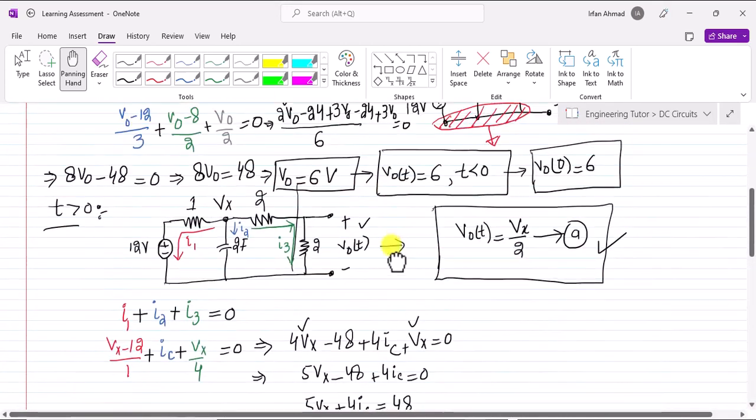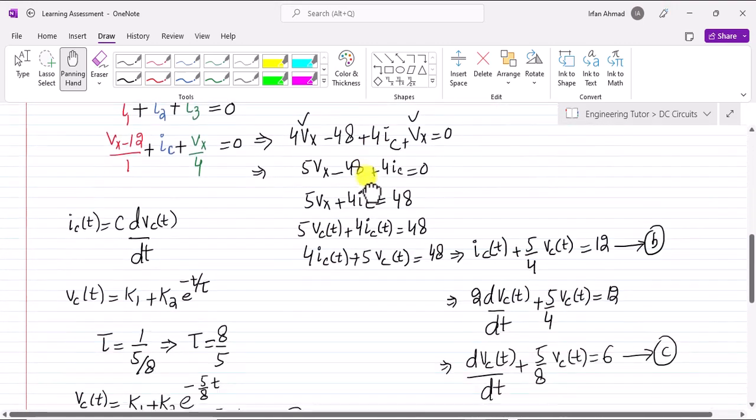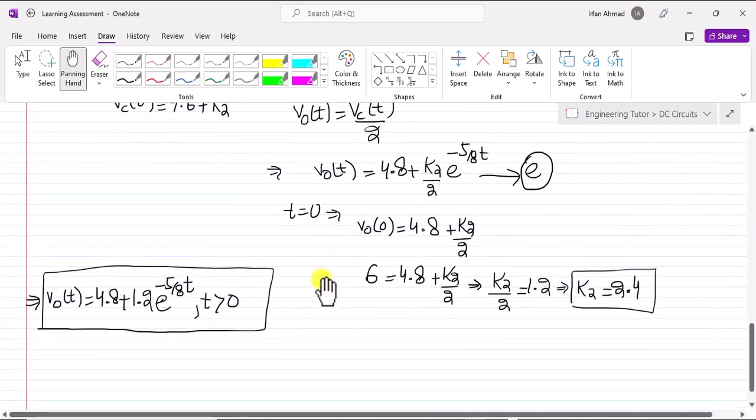So that's it for today, in which we have solved our circuit, which is basically composed of a capacitor as an energy storing element and a normally closed switch. We have analyzed it and seen different scenarios which can occur in these types of questions.